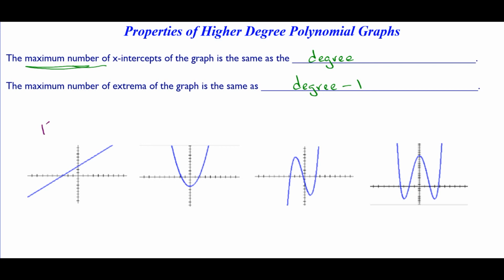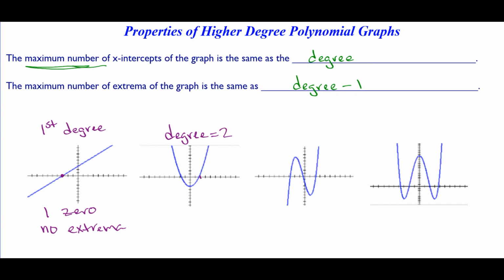So this is a first degree polynomial. I have 0 or 1 x-intercept, and no extrema. This is a degree 2 polynomial.